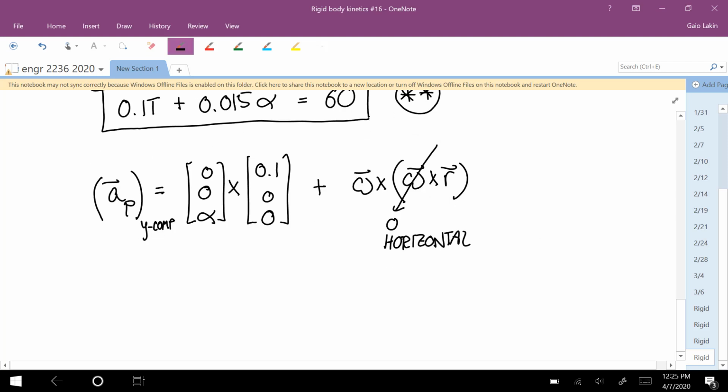So the y component of that acceleration is 0, positive 0.1 alpha, 0. So our third starred equation just says a is equal to 0.1 alpha, so a minus 0.1 alpha is equal to 0.